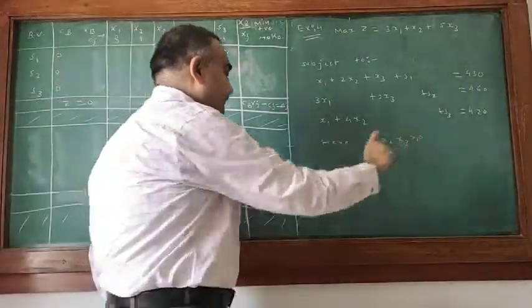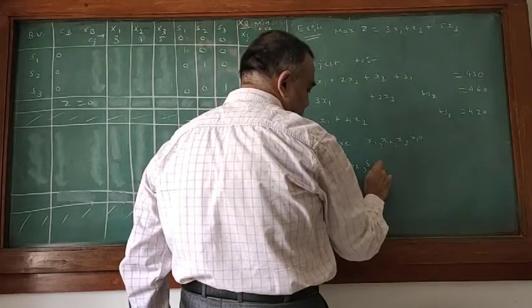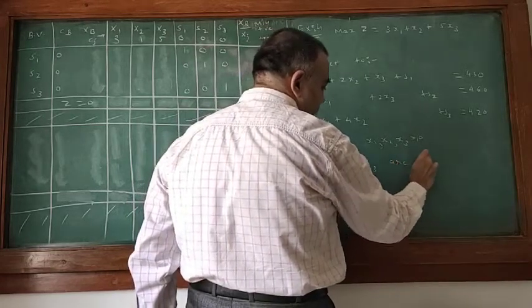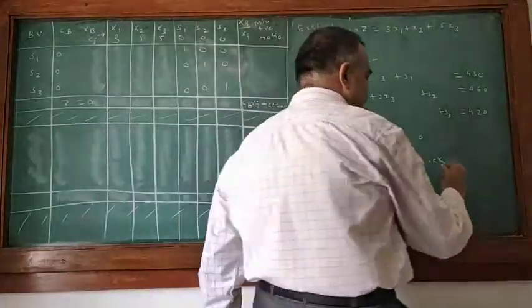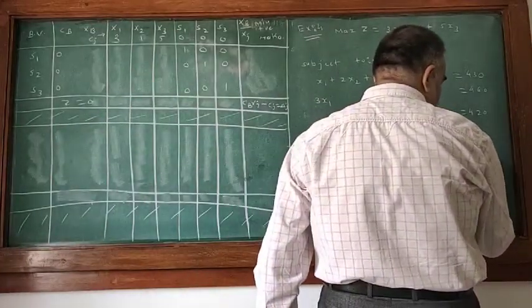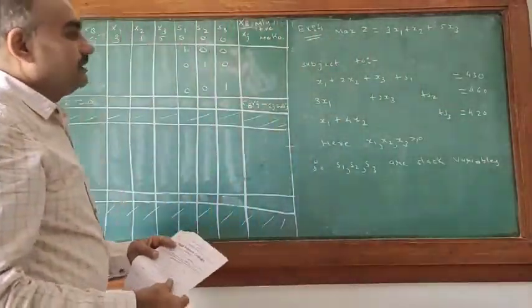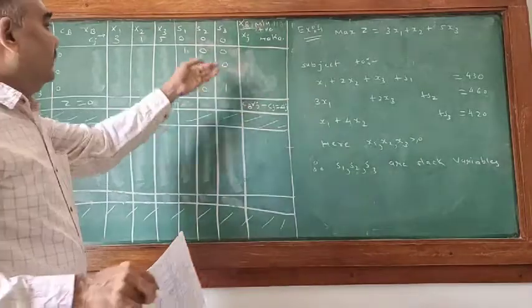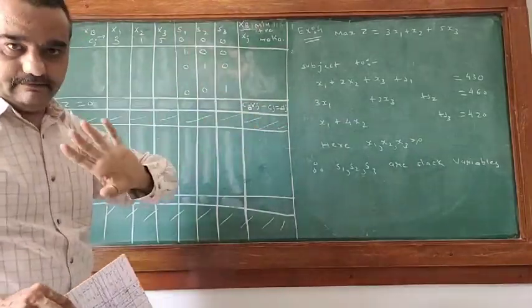Therefore, s1, s2, s3 are slack variables. Now we put all these values here. For s1, s2, s3 it is 1, 0, 0, 0, 1, 0 and 0, 0, 1.